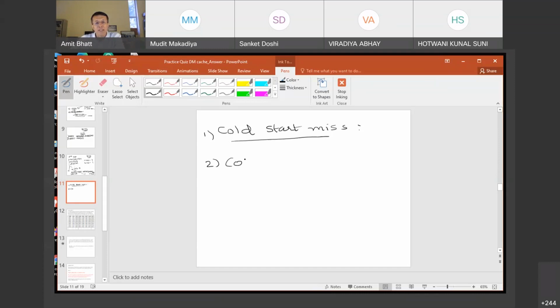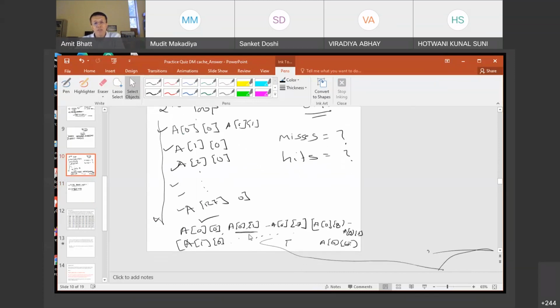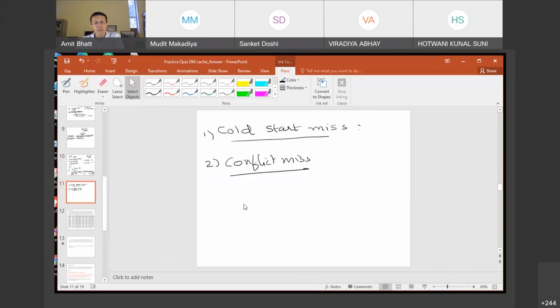Second is a conflict miss. Now in conflict miss, as we saw earlier in this particular problem, when I wanted A01, this block would have been overwritten by some other block. So when I want the block containing A01, I won't find it, but I will call it a conflict miss.